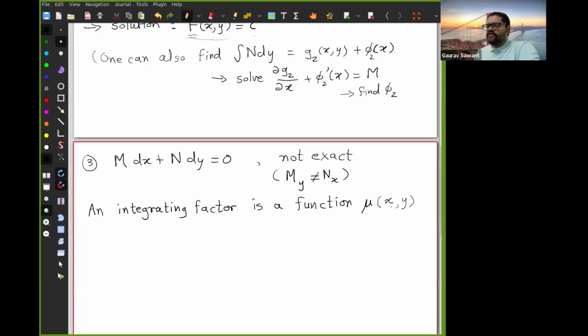It could be a constant, but it will typically have two variables, such that mu M dx plus mu N dy equal to 0 is exact.